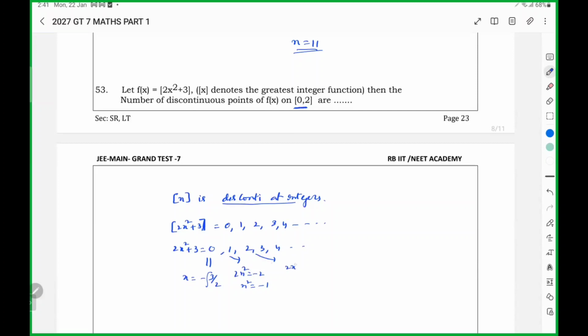So third case, you get minus 1, x is negative, useless. So 2x square plus 3 is 3.